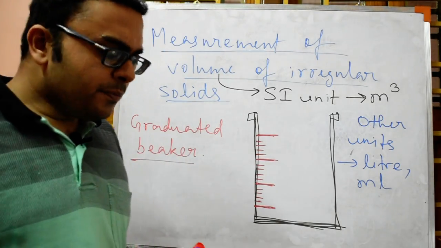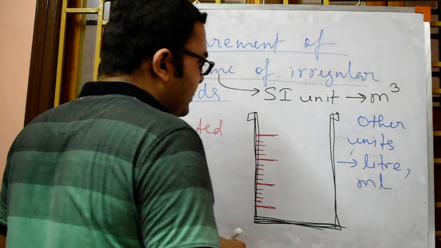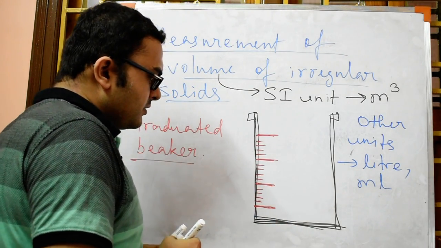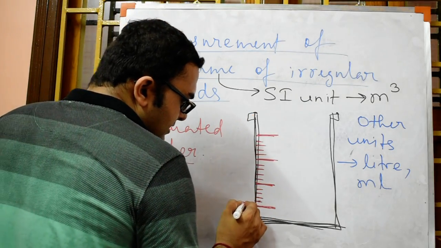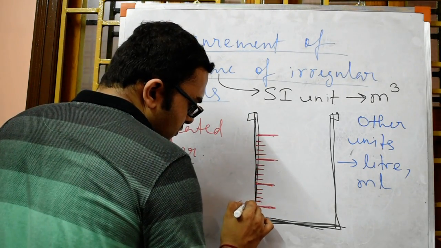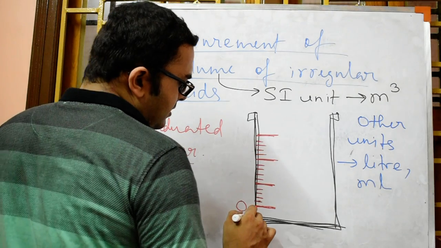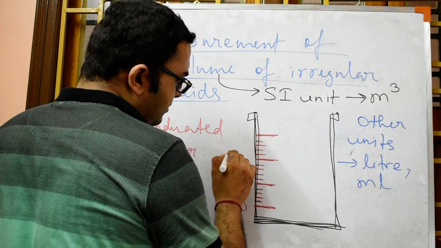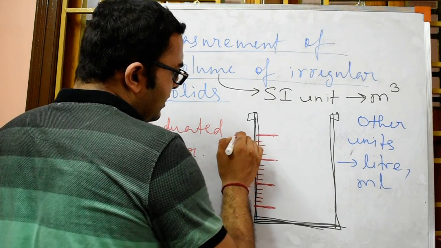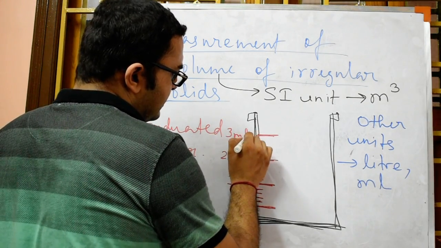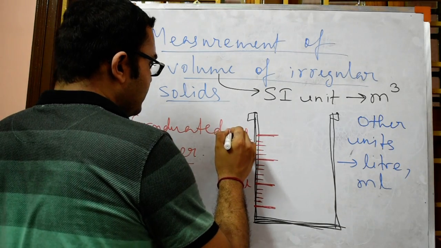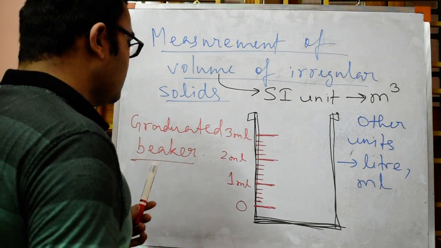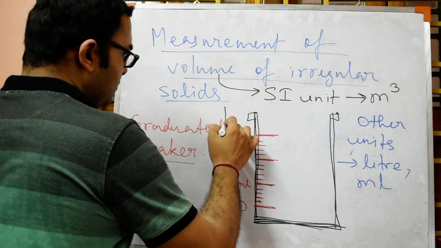Now see, when you pour a liquid in this beaker, say this beaker has markings on it. So say this is 0 ml, and then here you have 1 ml, here you have 2 ml, and here you have 3 ml. It's just an example. So we have taken a graduated beaker which has markings from 0 to 3 milliliter.